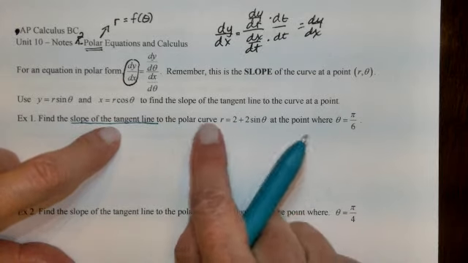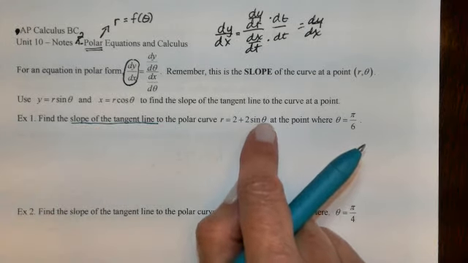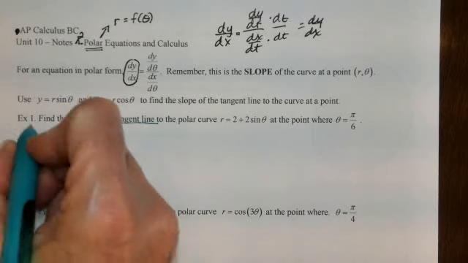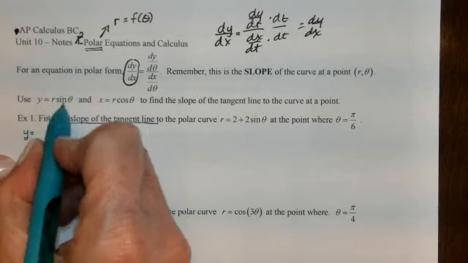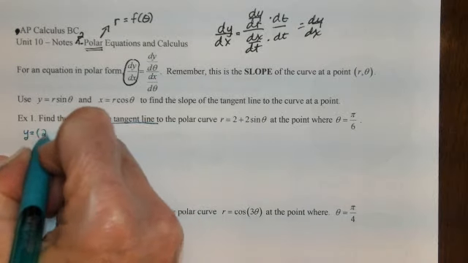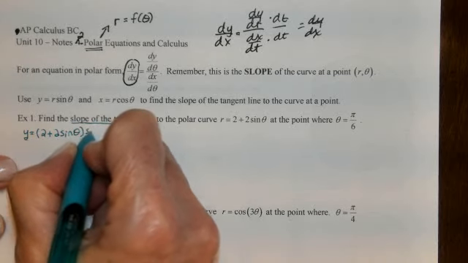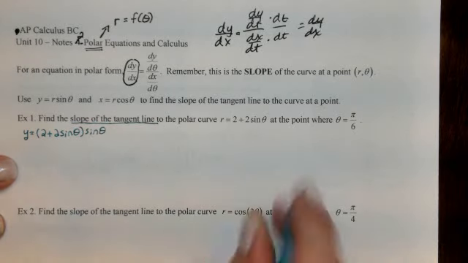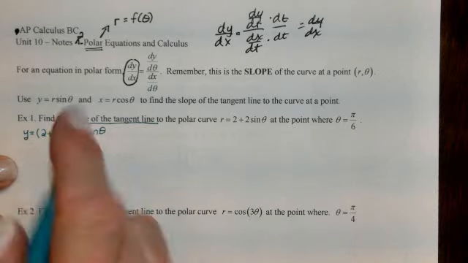Great. Well, our curve is r equals 2 plus 2 sine theta, right? So we know that y has to be r sine theta, where here's r. So y is 2 plus 2 sine theta times sine theta. We can take that derivative. It's not too hard, right?